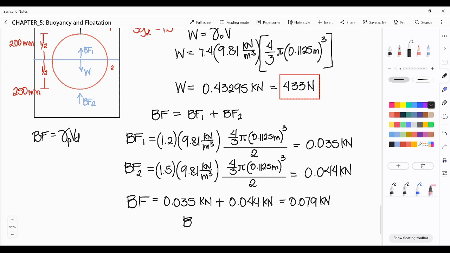Or simply, the buoyant force is equal to 79 newtons. Yan. Medyo basic lang tong problem na to. Ang konting twist lang dito is pinaalala lang sa'yo yung volume ng sphere. Kasi kung hindi mo alam yun, eh, wala. You won't be able to solve this problem properly, alright?